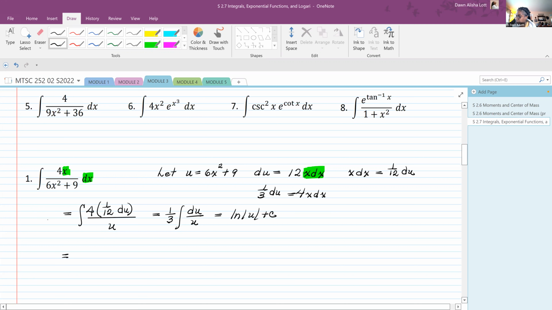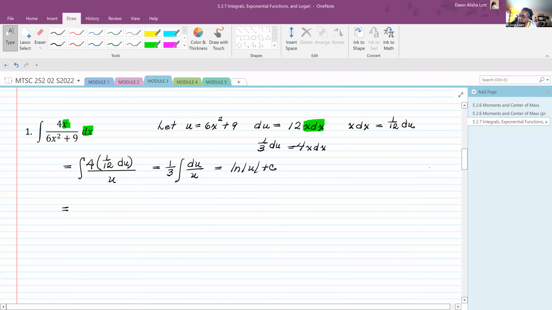So my answer is 1/3 the natural log of the absolute value of u. Oh, I'm supposed to be plugging in u. I'm getting sleepy. 6x squared plus 9 plus the constant. Okay. Any questions?